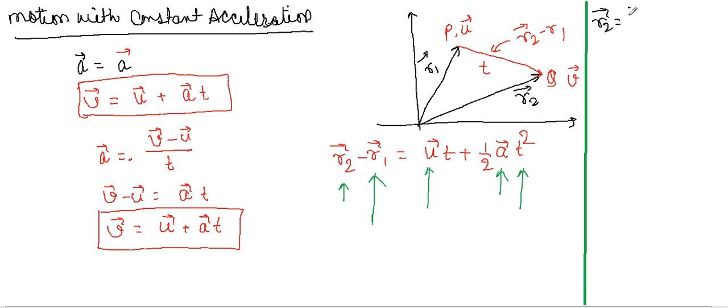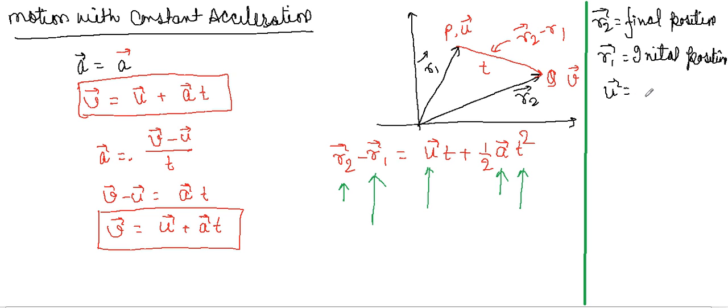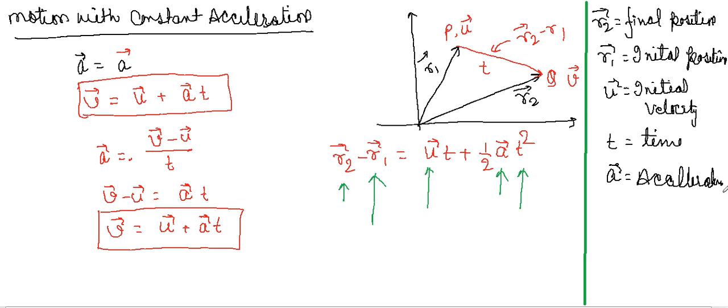We write r2 as final position, r1 as initial position, u as initial velocity, t as time, and a as acceleration.